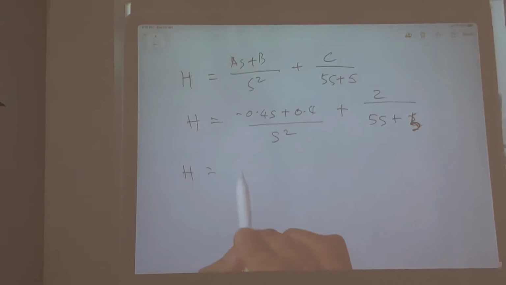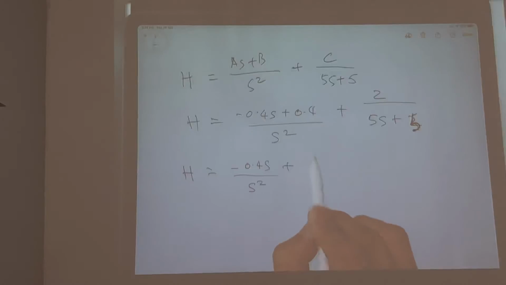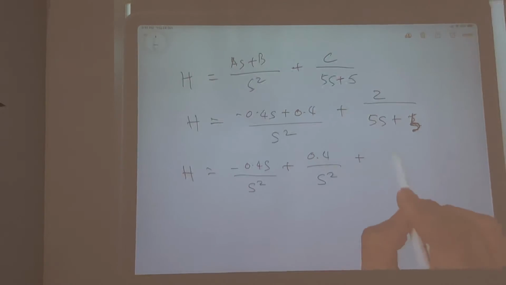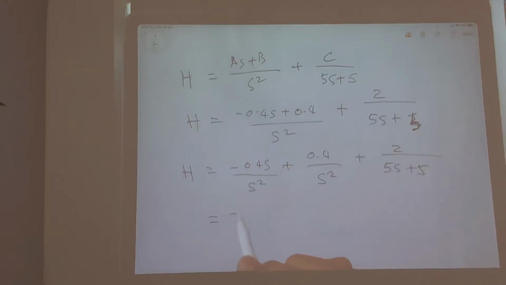If I break this one, what I have is 0.4s divided by s power of 2 plus 0.4 divided by s power of 2, right? Plus 2 divided by 5s plus 5. This is the 3 terms if I break it up, alright? And this part can cancel. I have minus 0.4 divided by s.